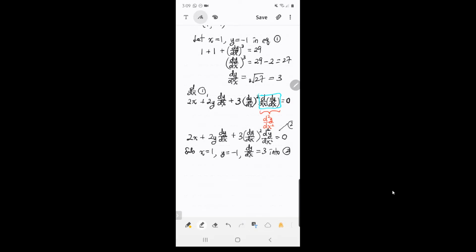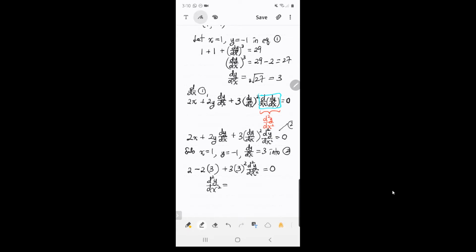Hence you will get 2 minus 2, times dy/dx, which is 3, plus 3 times dy/dx, which is 3, squared, times d2y/dx2, and this is equal to 0. Then you should know how to proceed. You find d2y/dx2, and you can proceed with the answer.